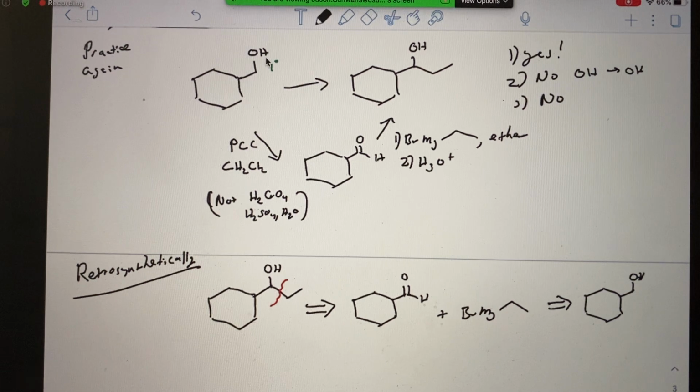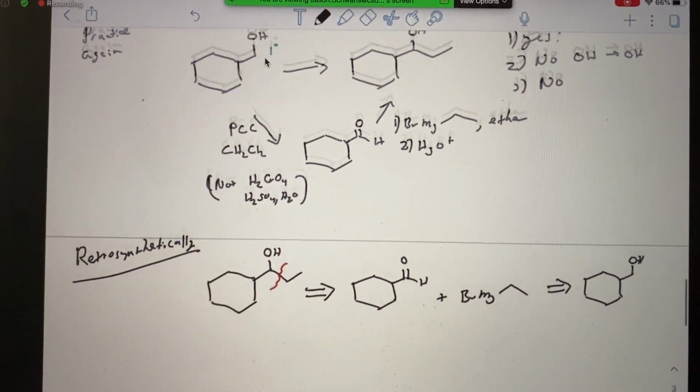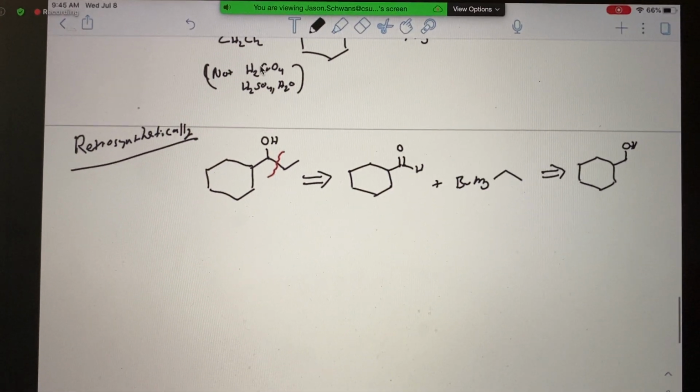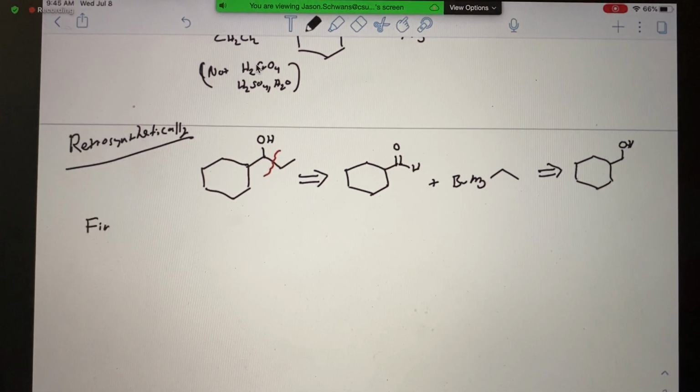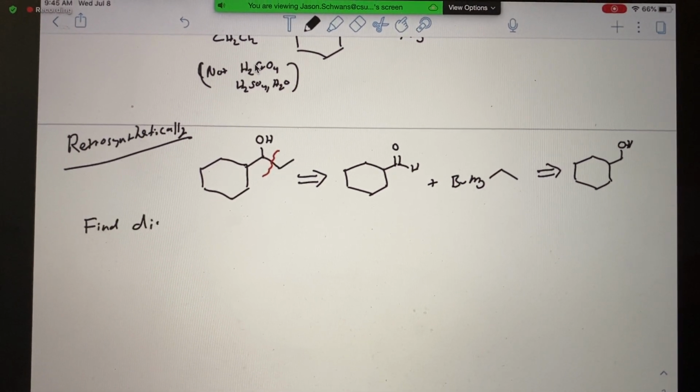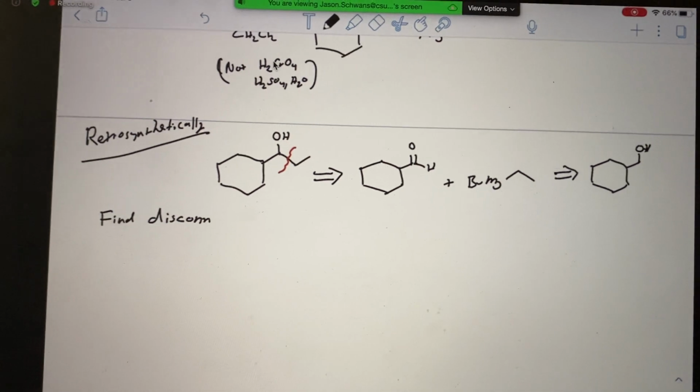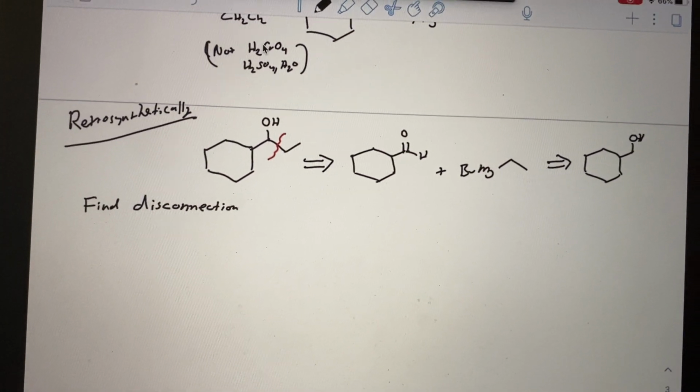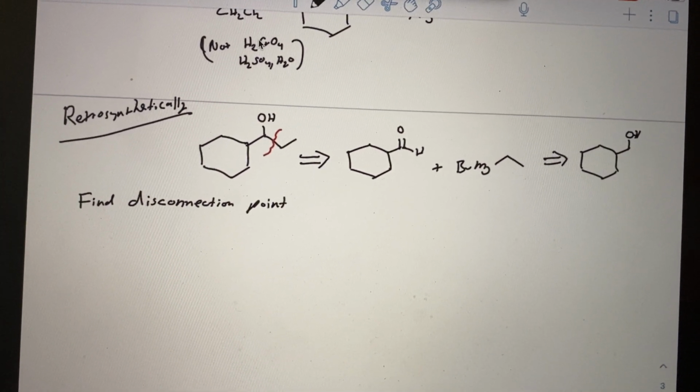So what you want to do with this retrosynthesis or retrosynthetic analysis approach is you want to find what are known as the disconnection points. Disconnection points. I think that's a real word as well.